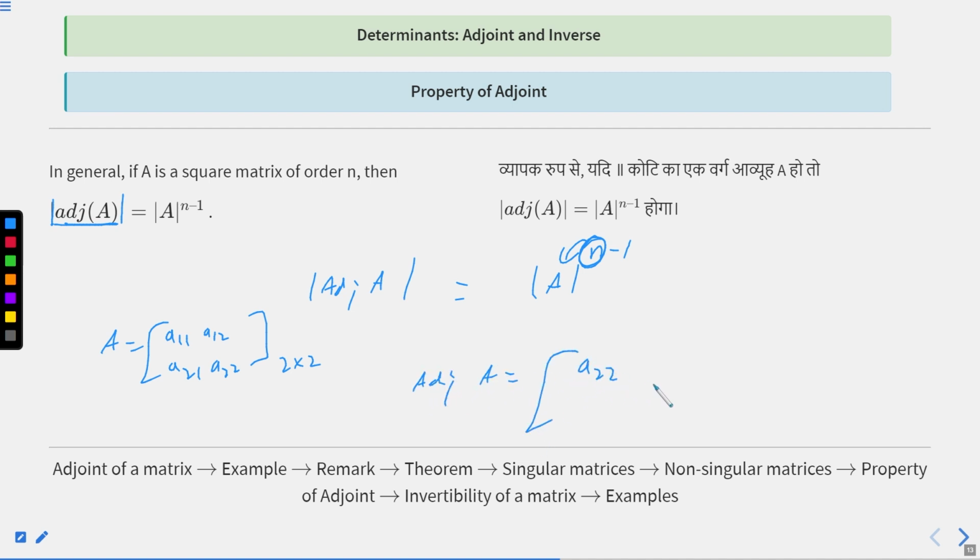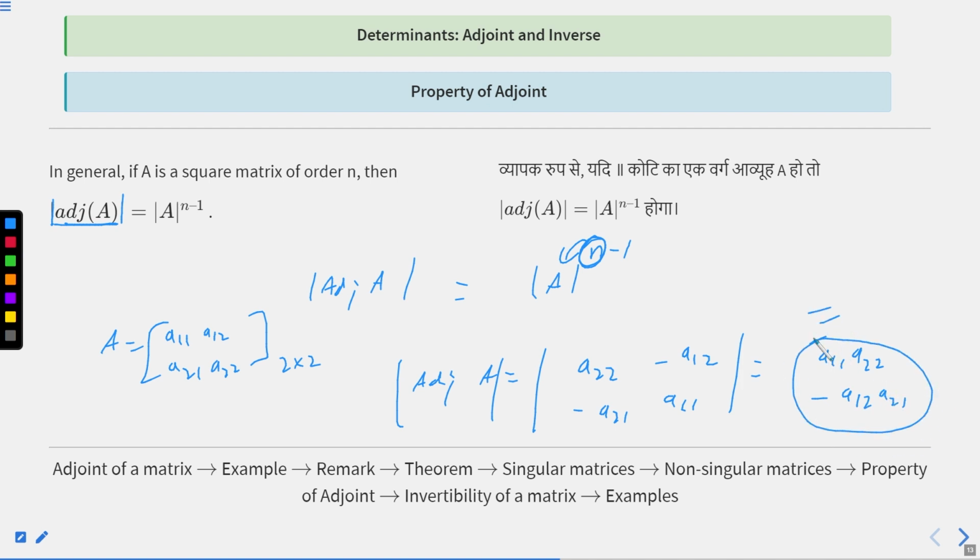So interchange the main diagonal entries and give an extra minus sign to the remaining entries. This will be your adjoint. Now find the determinant of this adjoint. The determinant will be A11 A22 minus A12 A21. As you can see, this is your determinant, this is the determinant of A, and this is nothing but determinant of A to the power 2 minus 1.